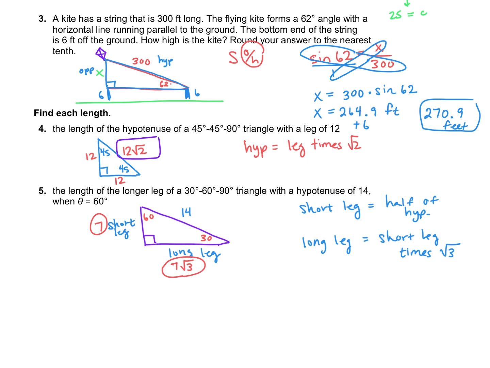So we found, well, I guess what was it asking for? Find the length of the longer leg. So we found the length of the longer leg right here. Short leg, long leg. The short leg is equal to half of the hypotenuse. The long leg is equal to the short leg times the root 3.